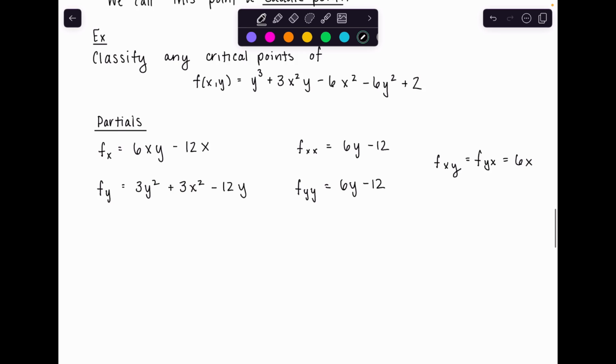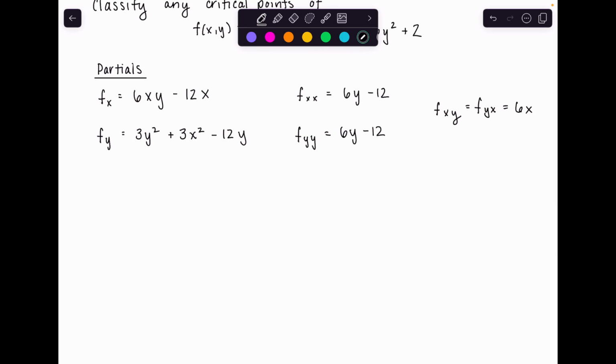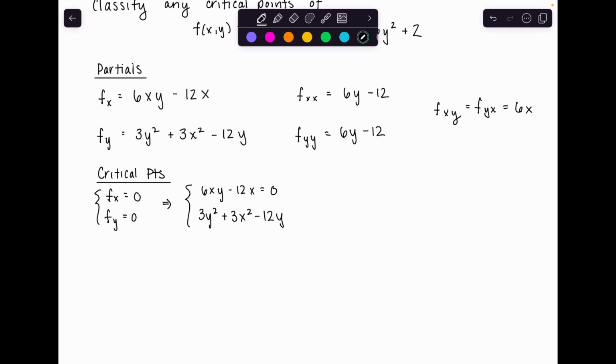Now I want to go ahead and find my critical points. And so this is again where I'm solving this system where those first partials equal 0. So that means I'm solving 6xy minus 12x equals 0, and 3y squared plus 3x squared minus 12y equals 0.